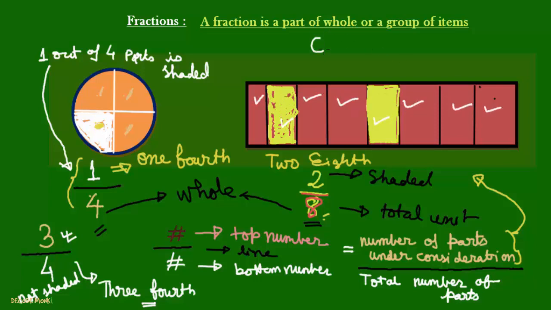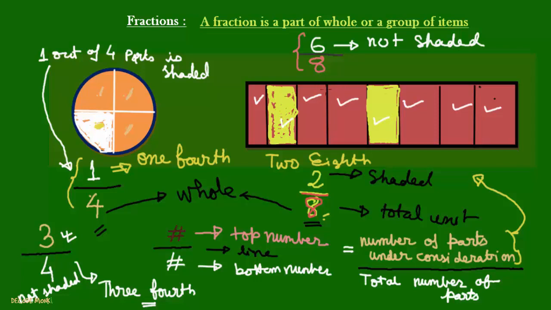So 6 is the number of parts that are not shaded, and the total number of parts is written beneath, which is 8. So 6/8 represents the unshaded portion of the rectangle.